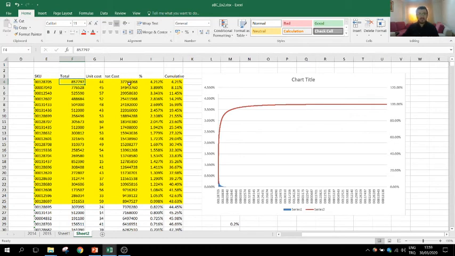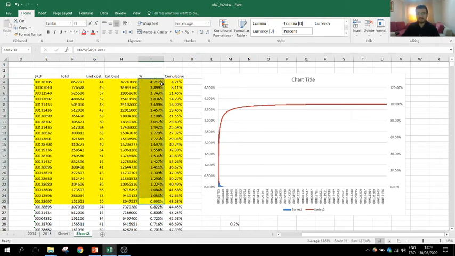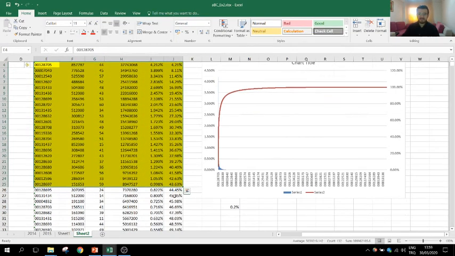And I calculated inventory cost for each SKU, ranked them from highest to lowest, calculated the percentage contribution in the inventory cost, and then I manually determined which items will be located in class A. I said that if an SKU's contribution is more than 1%, I assign it to class A. So these yellow colored SKUs are class A items, which caused 44% of total inventory cost.